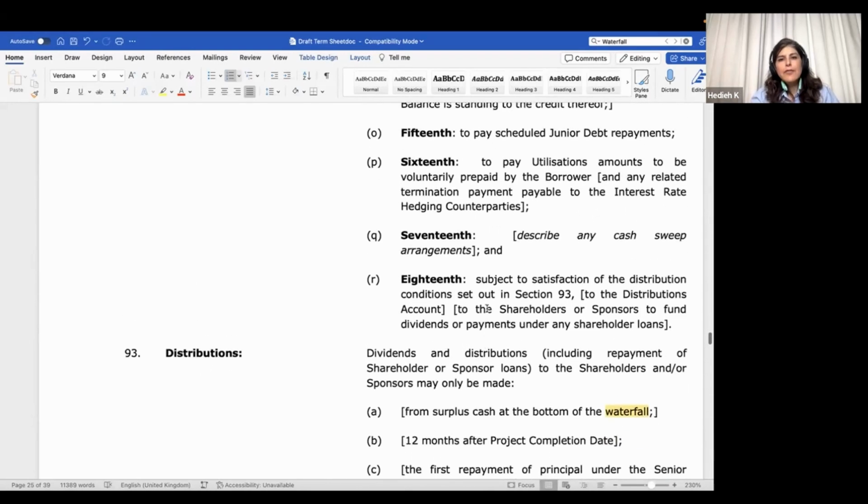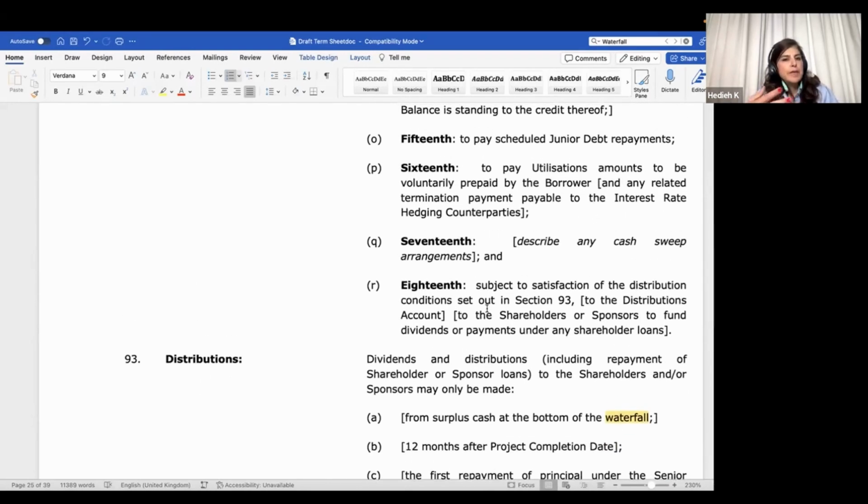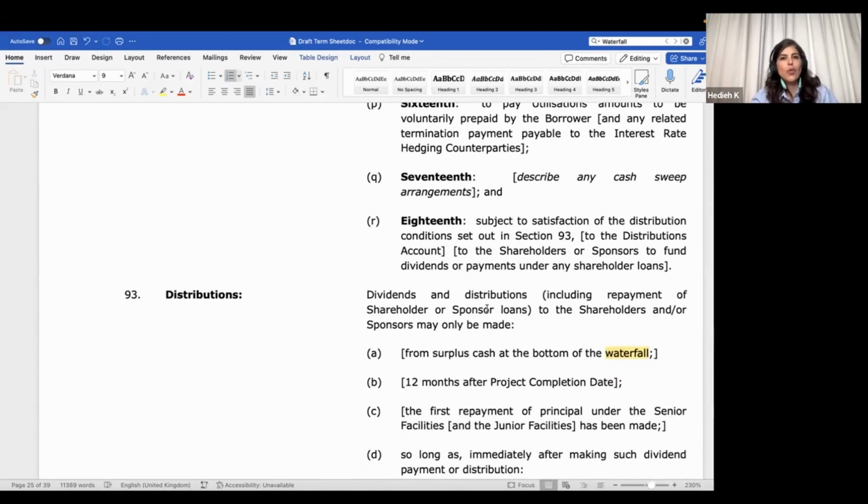Then, after we pay the senior lenders, fully fund all the reserve accounts and pay the junior lenders, whatever remains can be paid to shareholders, in any form. How the shareholders handle the cash is their business, right? If they want to get a shareholder loan, or if they want to put in pure equity, this is their own kitchen.